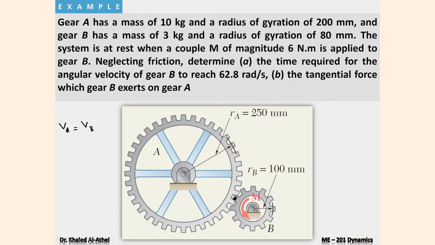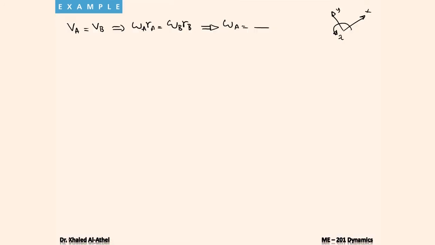And this will give me that omega A equals RB, which is given in this problem as 100 millimeters, over RA, which is 250. So 0.1 over 0.25 times omega B, which is 62.8. This will give me omega A equals 25.1 radians per second. So this is the first thing that I need from this problem.